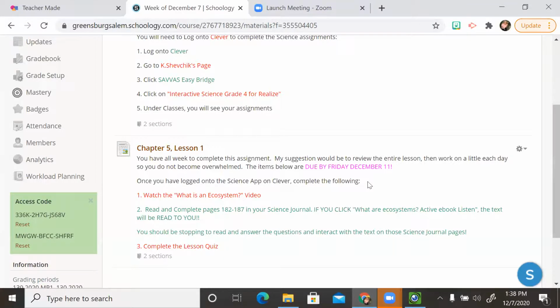You have 3 things that you need to do. The first thing, after you get into Clever, you're going to see in the science book, I have a video assigned to you. It's called What is an Ecosystem? You're going to watch the video. Then you're going to read and complete pages 182 through 187 in your science journal. If you click on Clever, where it says what are ecosystems, active ebook listen, it will read the text to you.